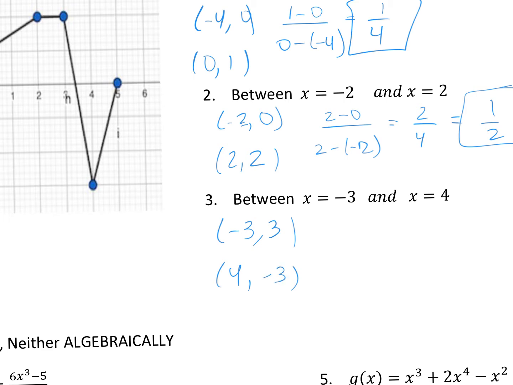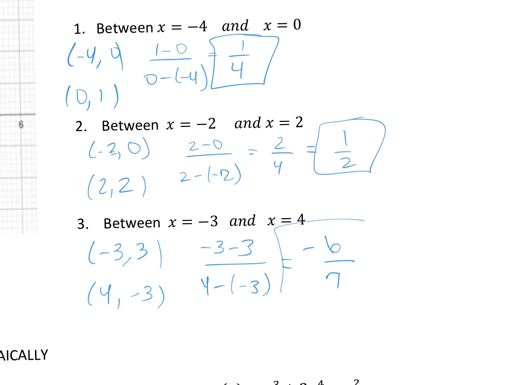So our average rate of change, I'm going to say -3 minus 3 in the numerator, and 4 minus -3 in the denominator. What is -3 minus 3? -6, good. And then what's 4 minus the -3? +7. So you guys, be careful. Some of you make a silly mistake and put your 3's in the wrong spots or something like that, and you tell me it's 0. Make sure your negatives are right, all that good stuff.